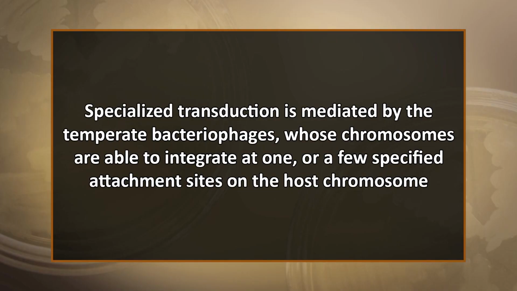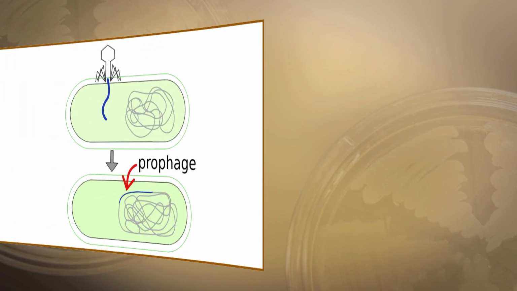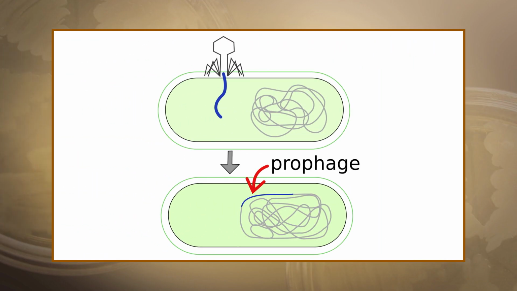Specialized transduction is mediated by the temperate bacteriophages whose chromosomes are able to integrate at one or at a few specified attachment sites on the host chromosome. In its integrated state, the phage chromosome is called a prophage.